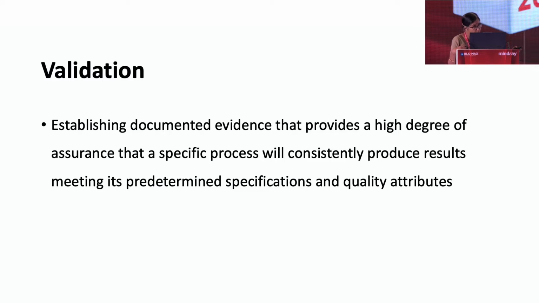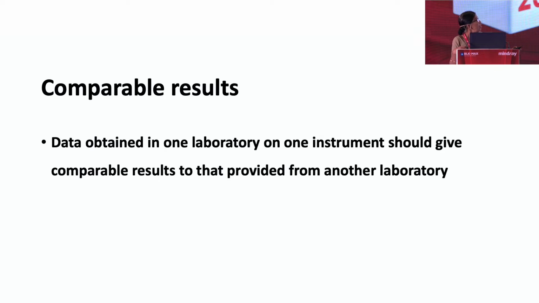So when we talk about validation, it's establishing documented evidence that provides a high degree of assurance that a specific process will consistently produce results meeting its predetermined specifications and quality attributes. The data obtained in one laboratory on one instrument should give comparable results to that provided in another laboratory.